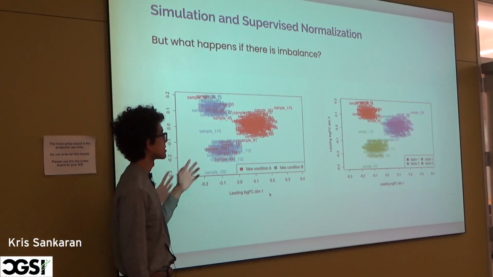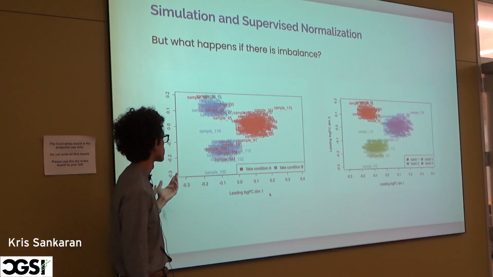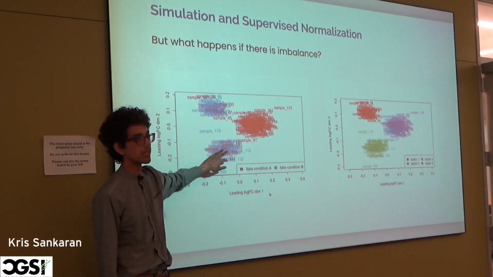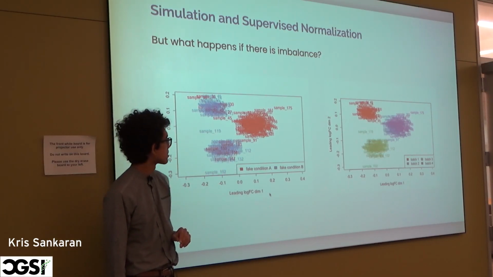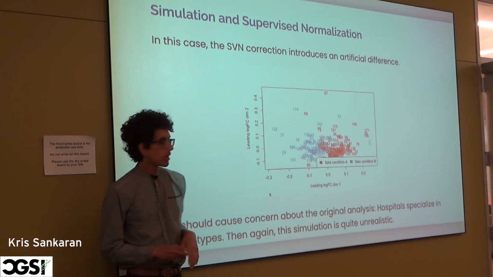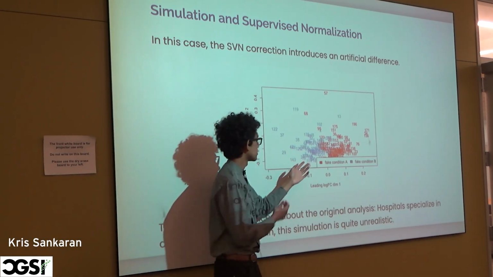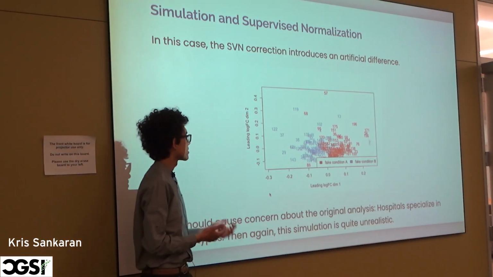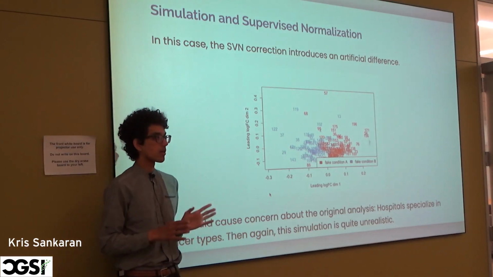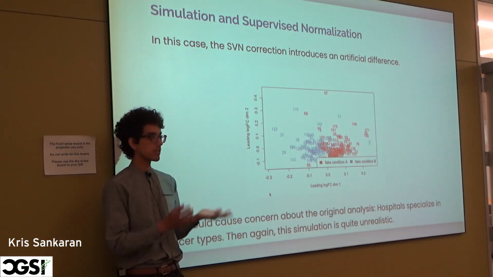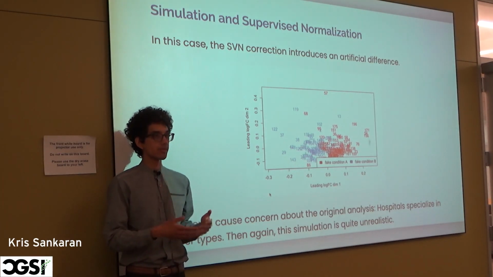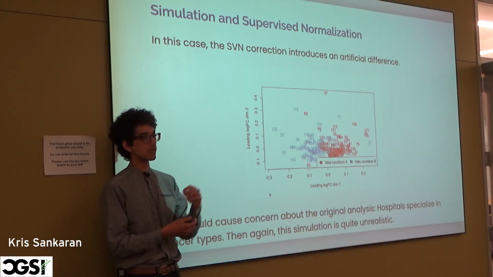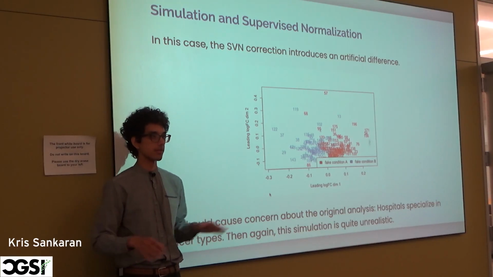Now simulate it where there's this imbalance. So now there's no disease in this one hospital, and there's a really heavy skew in the other hospitals. And now if you correct, it introduces some effect, right? And this imbalance is not that implausible, actually. If you think about TCGA, some hospitals specialize in some kinds of cancer, so you get a lot more of those cancers in those hospitals compared to every other hospital.